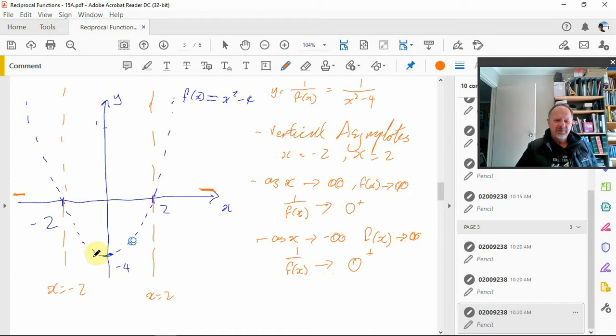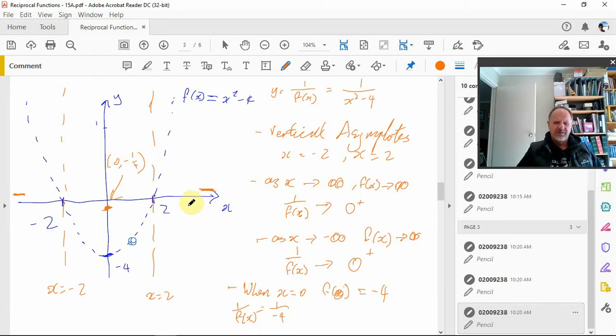Now right in the middle here, when x equals 0, we know that f(0) is minus 4. So 1 on negative 4 is what 1 on f(x) is. So we've got an intersection here, and the coordinates of that are (0, negative 1/4).